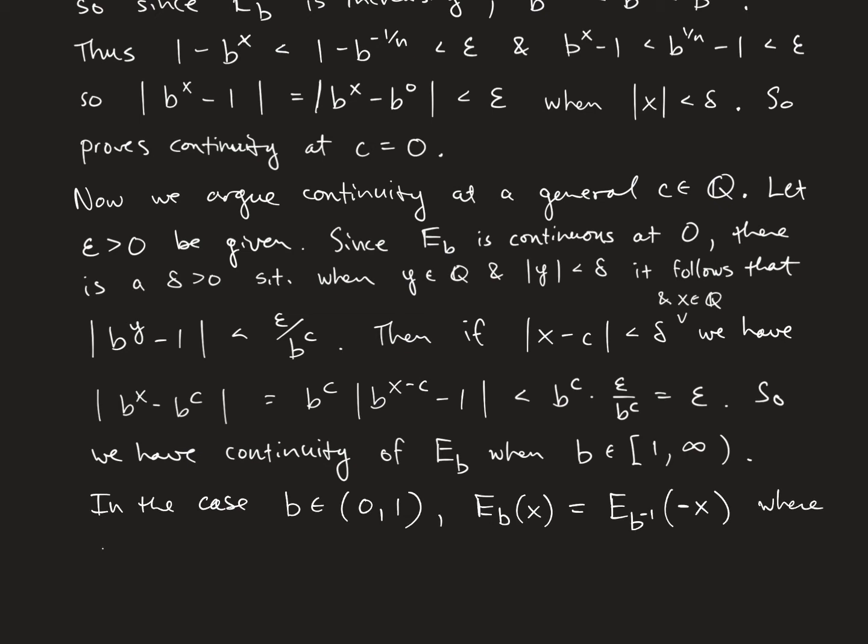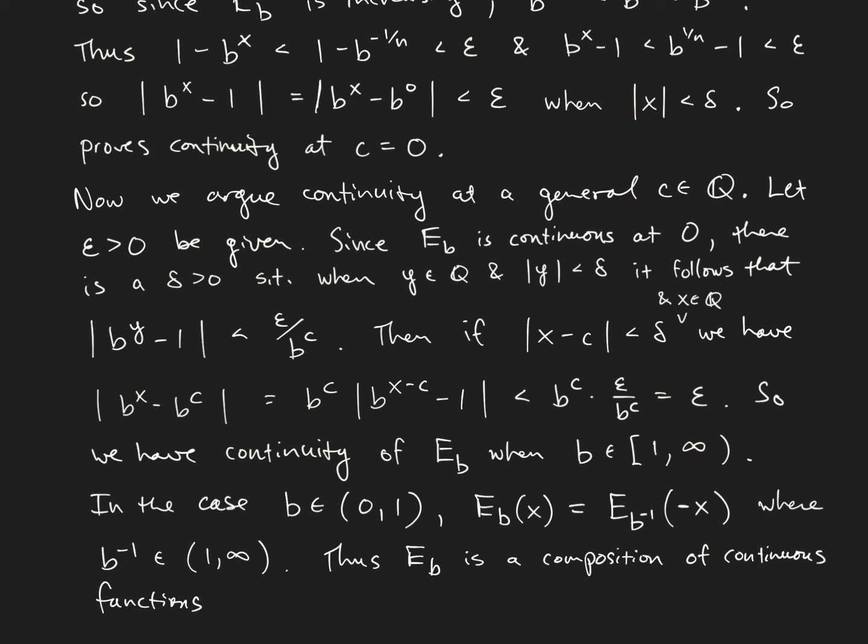Where b to the minus 1 is in the interval from 1 to infinity. So thus, e sub b is a composition of continuous functions. Right, you first negate and then you do this continuous function. So we have a composition, the composition of continuous functions, and thereby continuous. Okay, and that completes the proof.